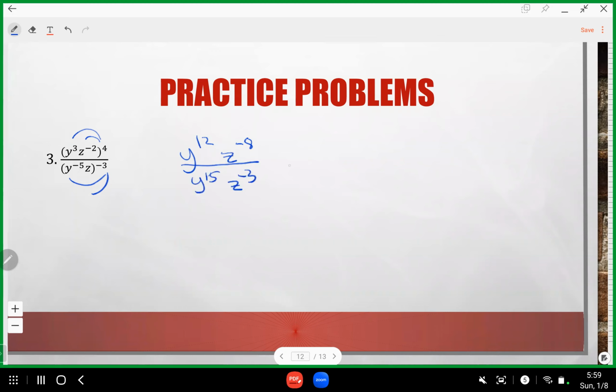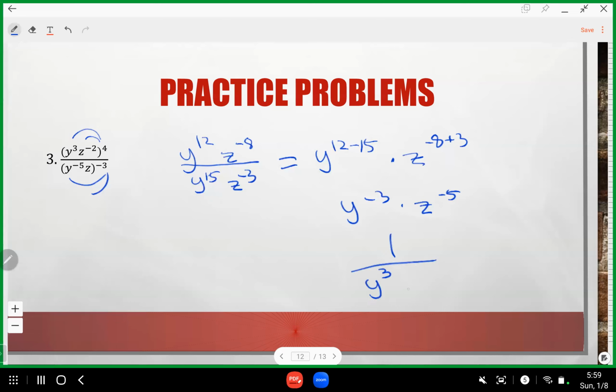So what you can see here is you can subtract these exponents, right? Because they have the same base. This is going to be equal to y to the 12th minus 15 times z to the negative 8 plus 13, which is y to the negative third times z to the negative fifth, which is just 1 over y to the third and z to the fifth.